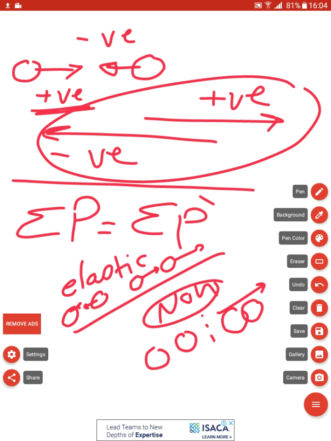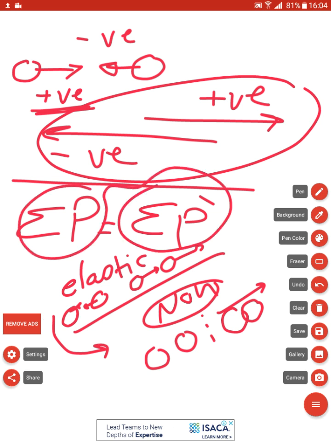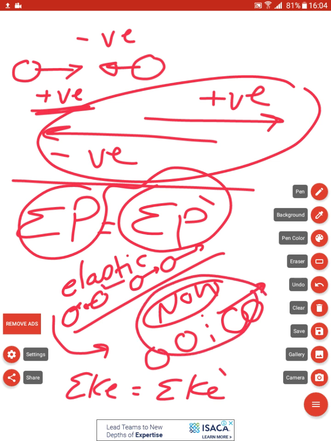Whether the collision is elastic or non-elastic, total momentum before equals total momentum after, okay? But the kinetic energy before equals the total kinetic energy after only if the collision is elastic. If the collision is non-elastic, this is not right.